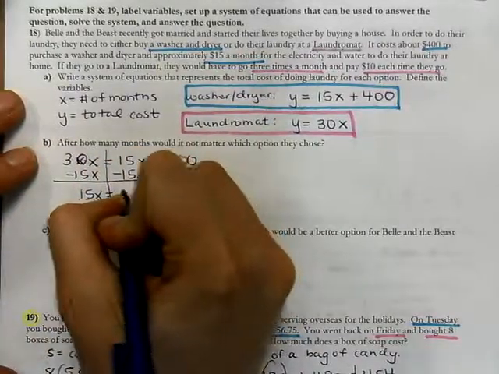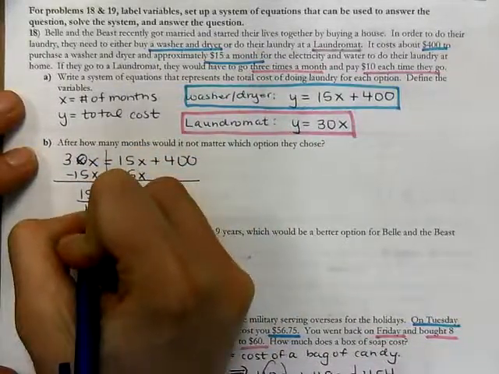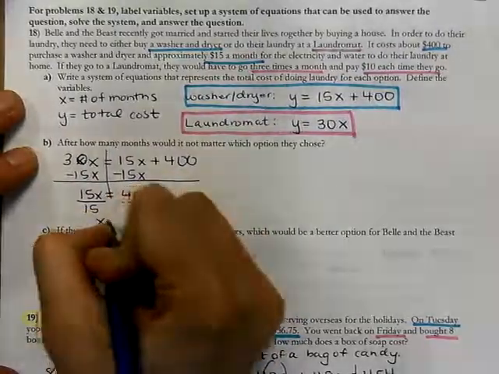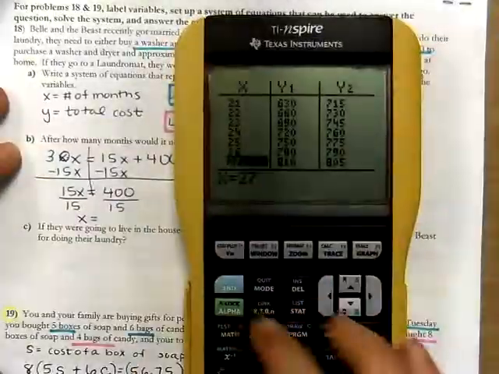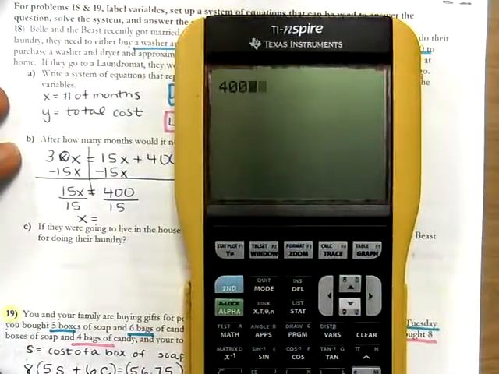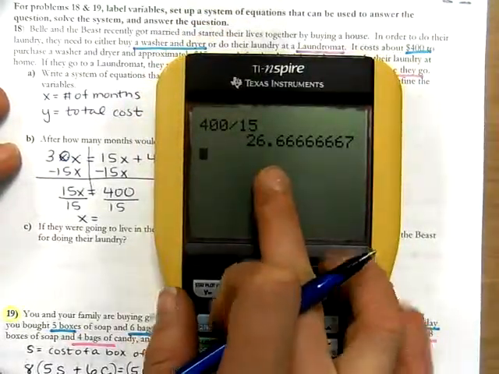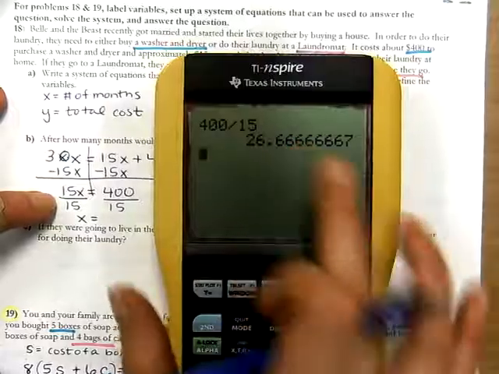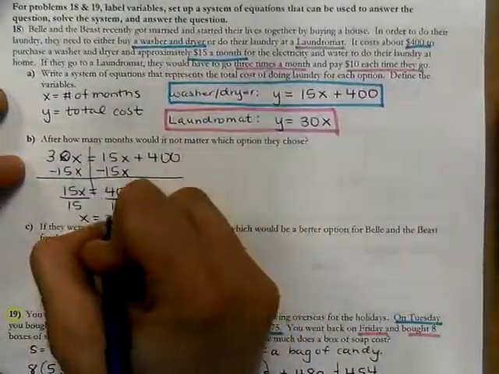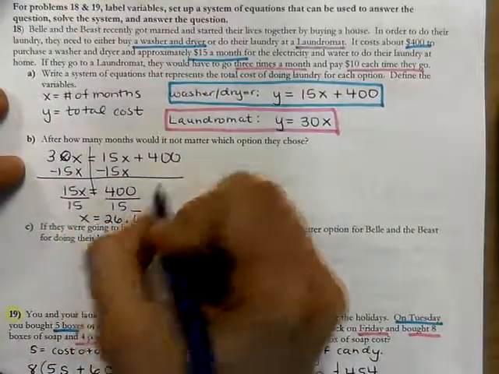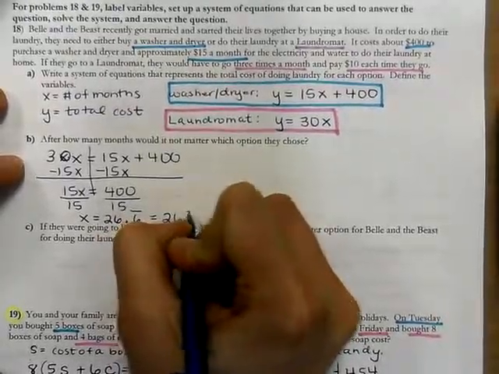So 15x equals 400. I divide by 15, and x equals 400 divided by 15, which is 26.6 repeating, which we know is between 26 and 27, closer to 27. That is the same thing as 26 and 2/3.